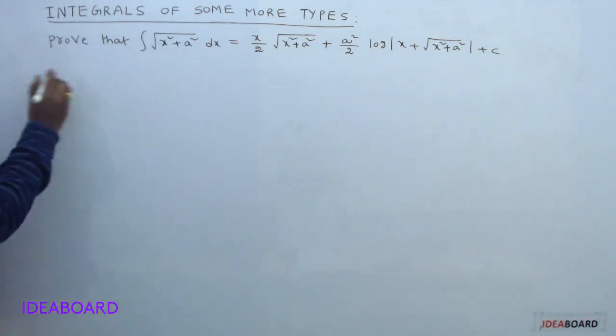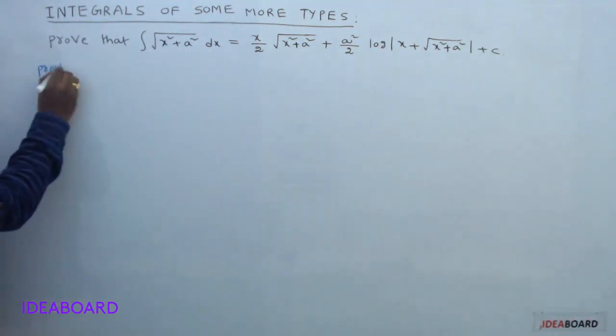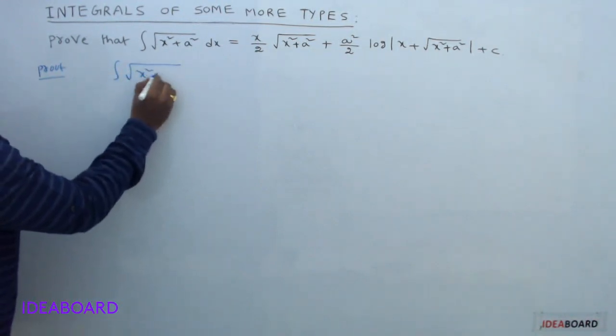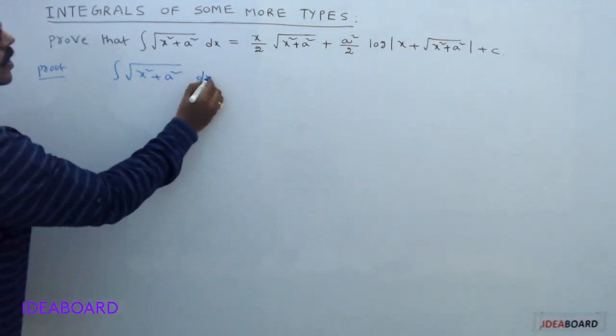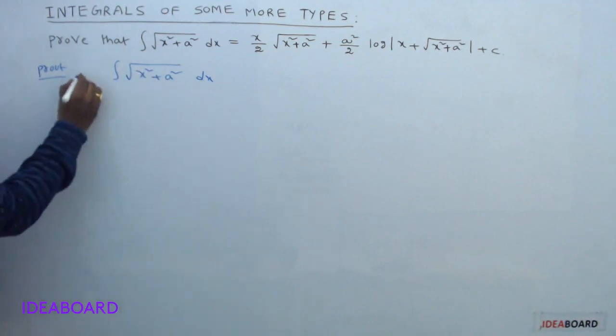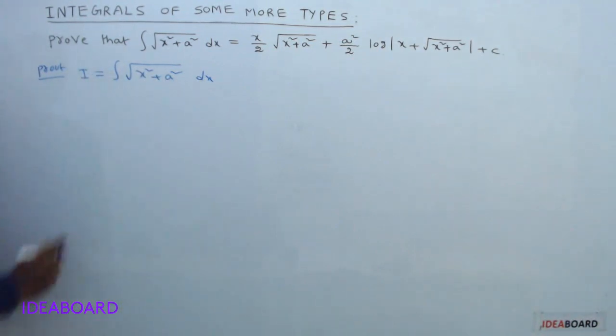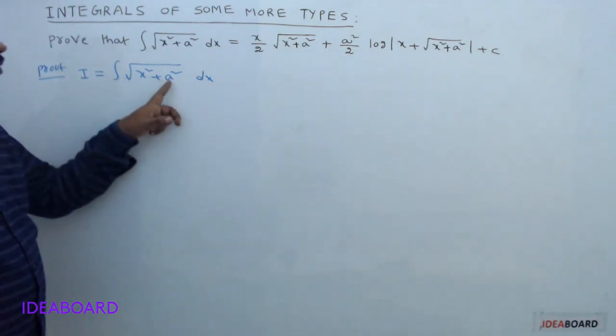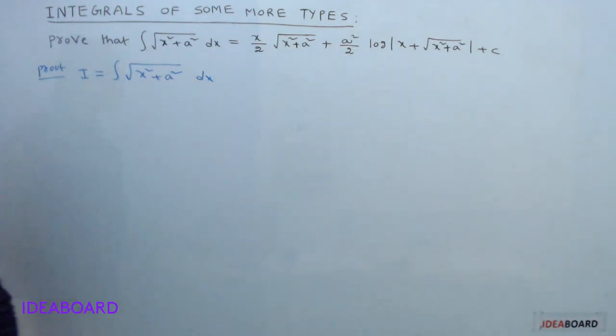First take the LHS part, that is integral square root of x square plus a square dx. Denote this LHS part with I. So let I equals integral square root of x square plus a square dx.